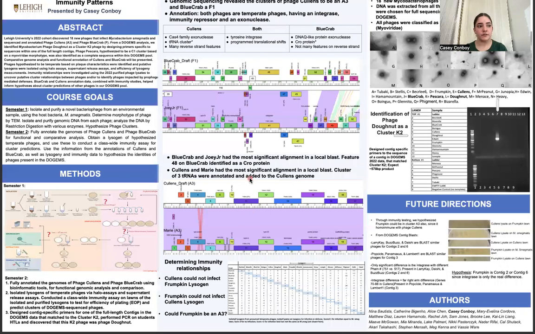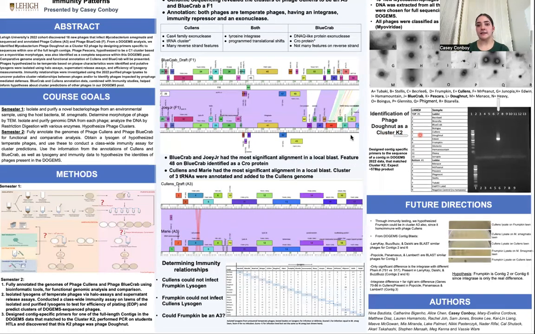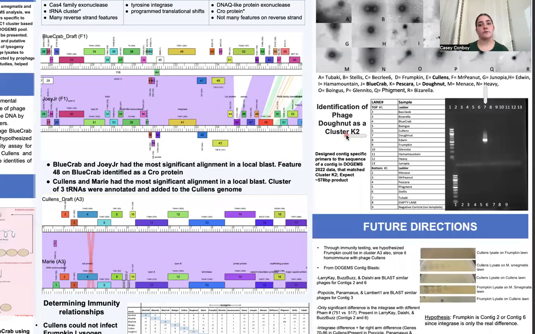In addition to these annotation data specifically for Cullens and Blue Crab, our class also worked with the Dodgems data. And what we did here was we decided to focus on one fully sequenced contig that was identified as a cluster K2 using BLAST and designed primers specific for this to run a PCR. So that's exactly what we did.